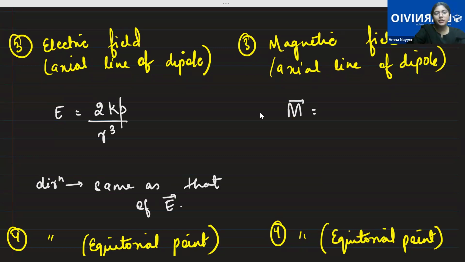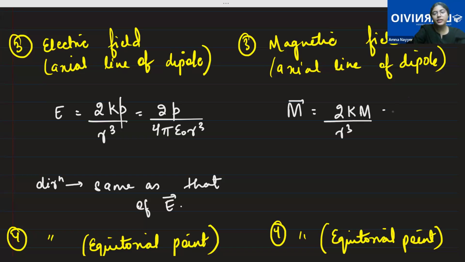This can be written as 2p by 4 pi epsilon naught r cube. For magnetic, the electric dipole moment will become magnetic dipole moment, by r cube. K's value here is mu naught by 4 pi in magnetism. So we'll write 2 mu naught m by 4 pi r cube. This becomes the formula for magnetic. Direction is same as that of the magnetic field.